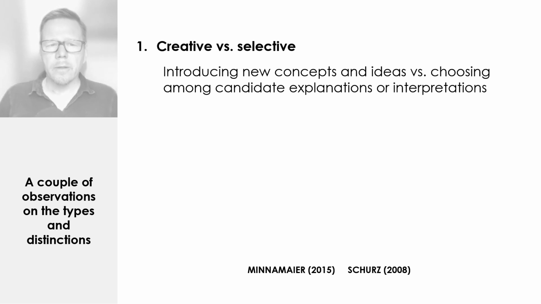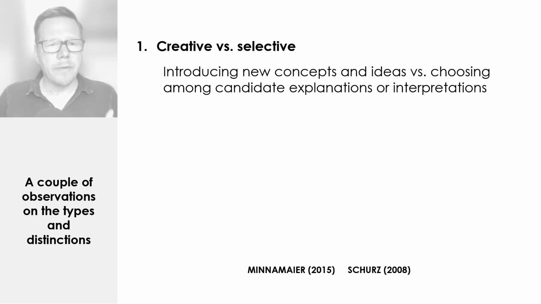So the idea that we introduce new concepts and ideas through creative abduction versus choosing among candidate explanations or interpretations through selective abduction. So when we talked about the street corner example with the police car and the ambulance, we were really talking about selective abduction.